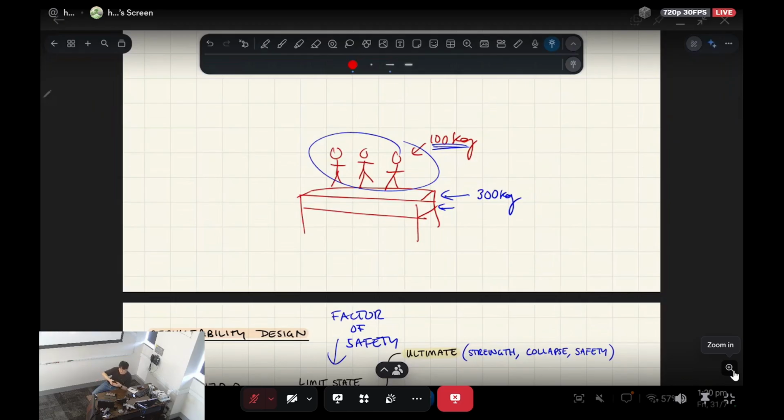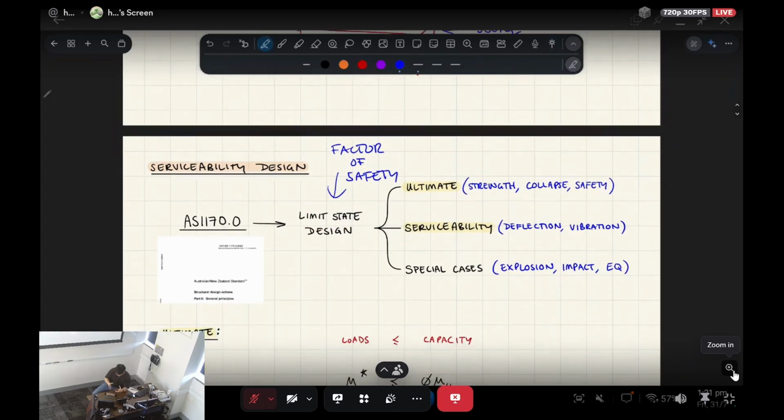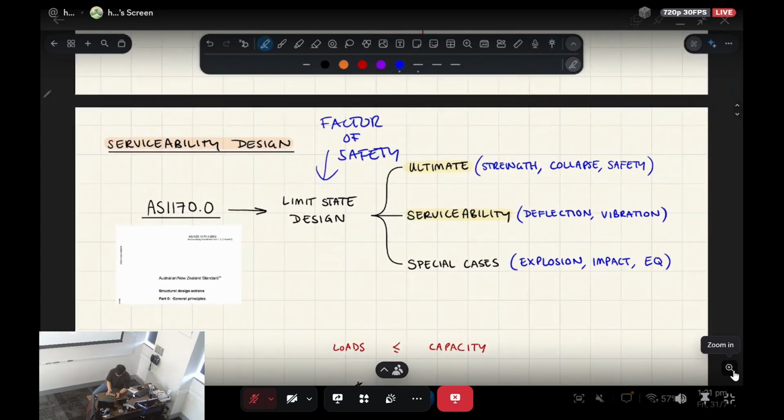This is basically the concept of over-engineering a little bit. In other words, you would make the structure stronger than what you predict the loads to be. So limit state design is just the philosophy that Australia adopts for this kind of engineering over-designing. Okay, so how we've been thinking about it this entire time is through the lens of ultimate limit state design.